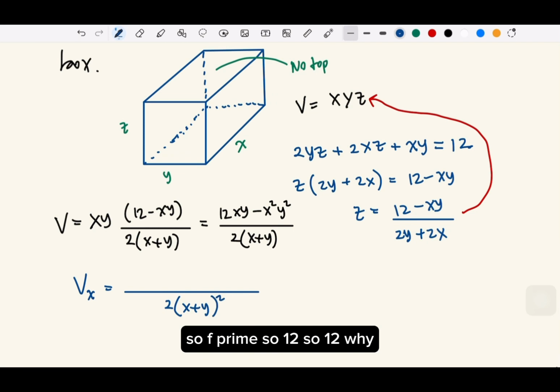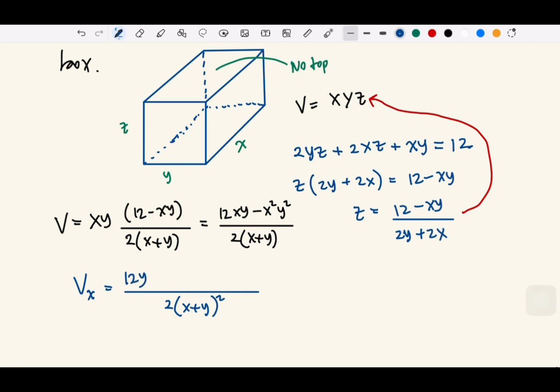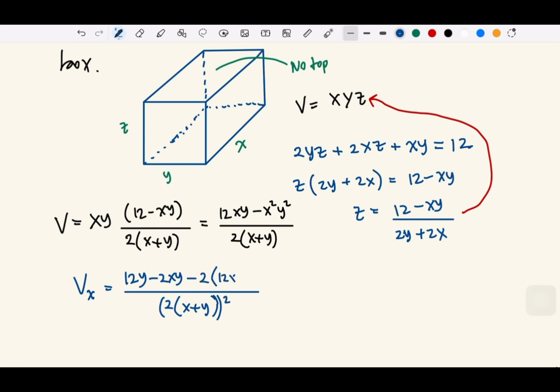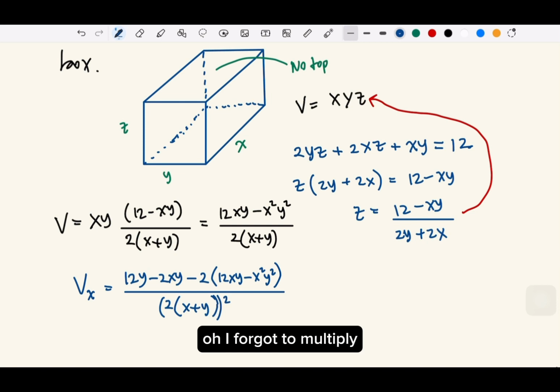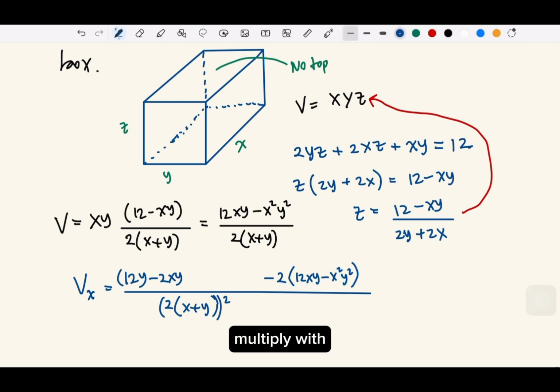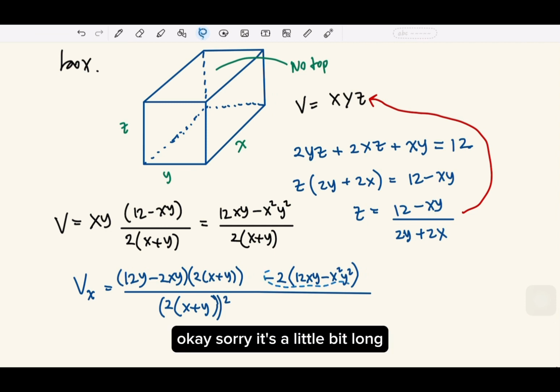So f prime, so 12y minus 2xy minus, or maybe let me write this in, let's square all of that, and then this will be 2 multiply with the whole thing here. Oh, I forgot to multiply. And move this a little bit to there. So 12xy multiply with 2x plus y. Okay, sorry. It's a little bit long.